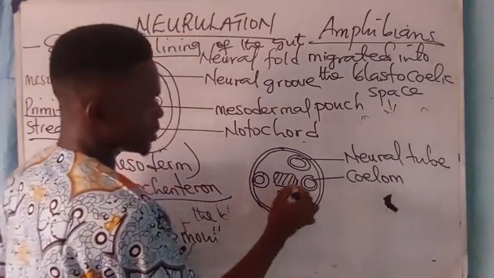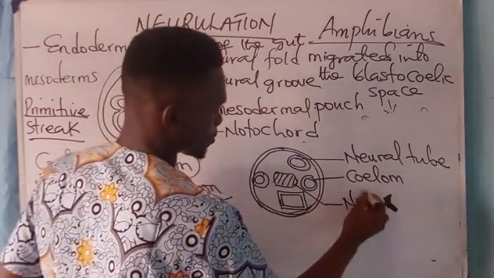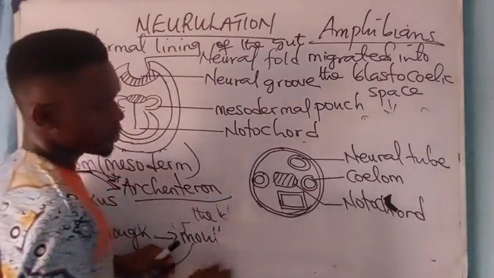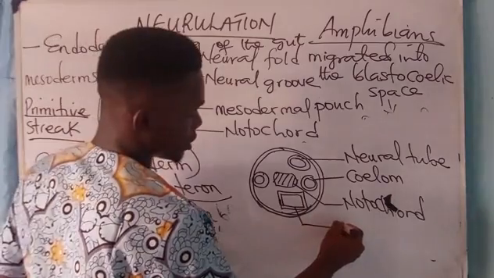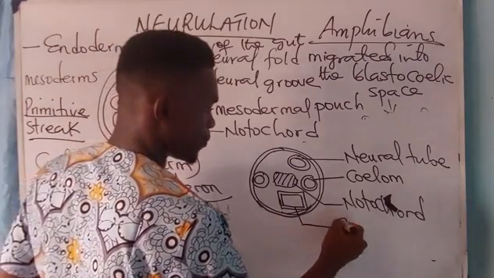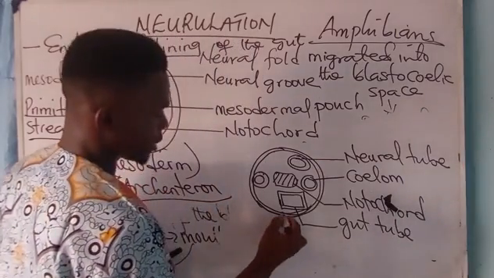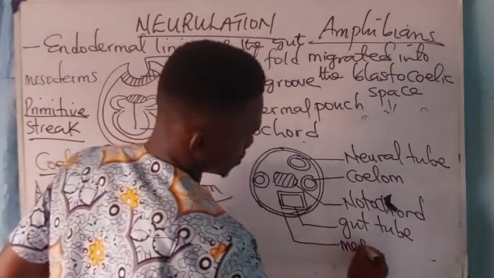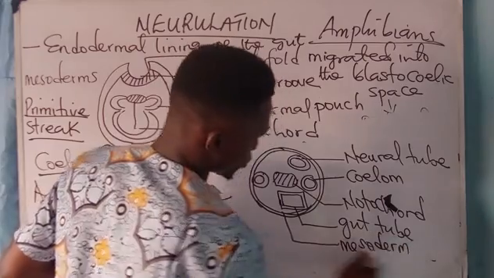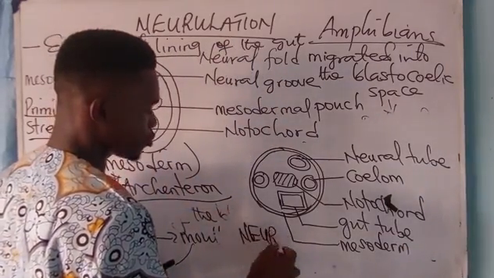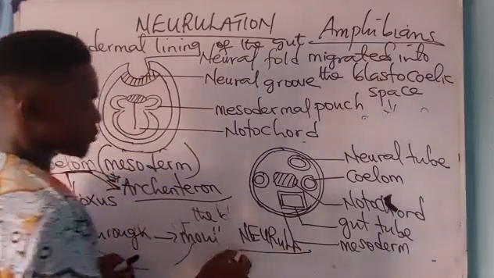All right. Now this is a notochord. Notochord. Right. And here is the gut tube. The gut tube, and here you have what? The mesoderm. So this is what? A typical structure of the neurula.